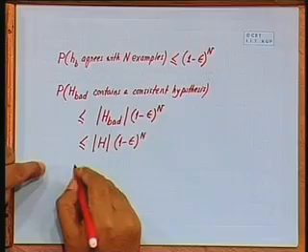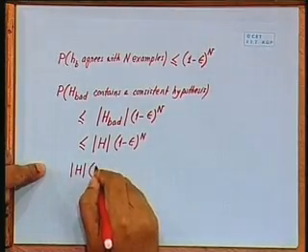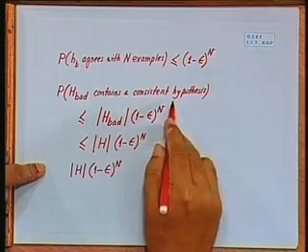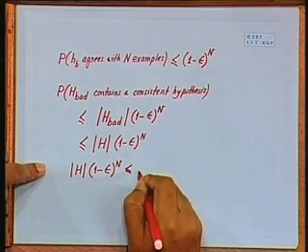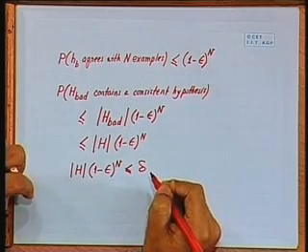And what we want here is we want this probability that H bad contains a consistent hypothesis to be within some limit delta, okay.